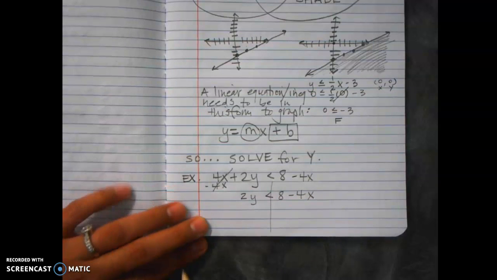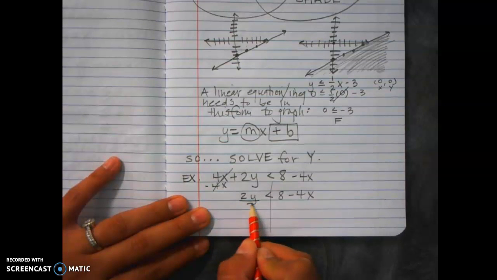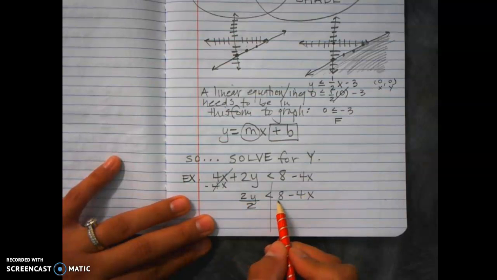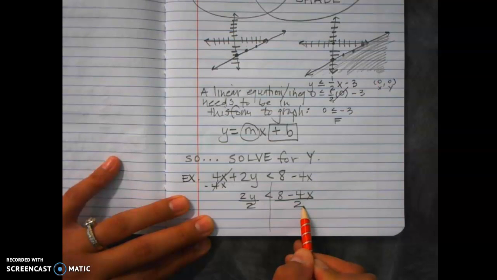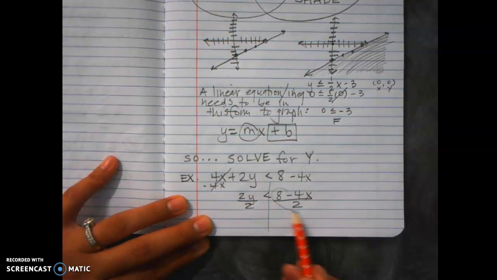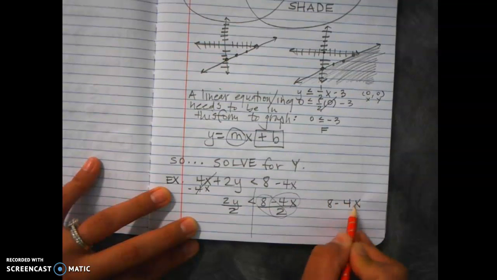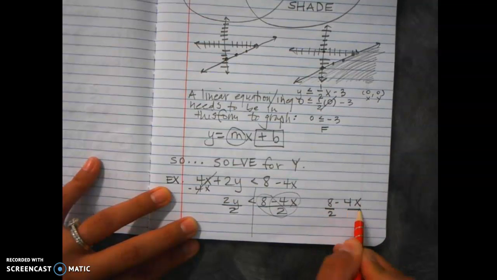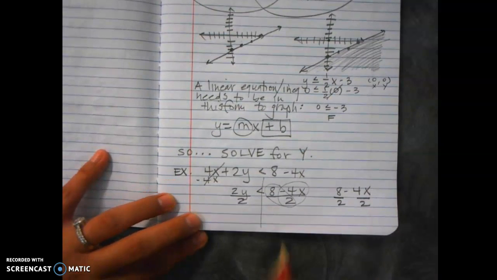Okay? Now I've got to divide. I'm dividing by whatever number is with the y. So I'm dividing by 2. On this side, we can write this one 2 different ways. We can either put the whole thing divided by 2, but then we have to still separate when we divide, right? So we're making 2 separate equations. Or if you wanted to, you can already separate at the beginning, divide by 2, because everything has to be divided by 2, okay?